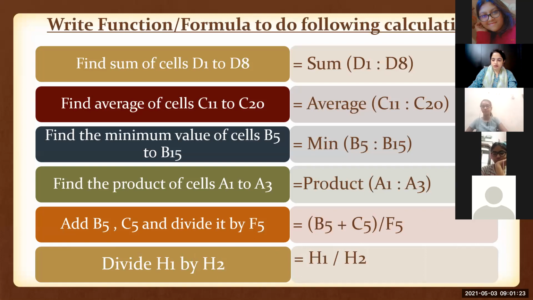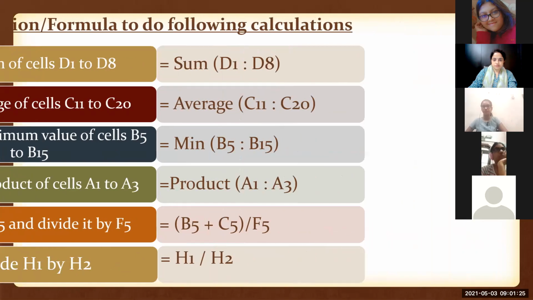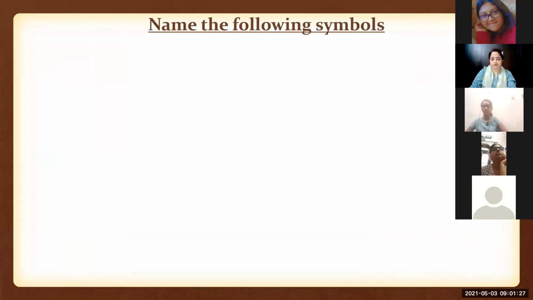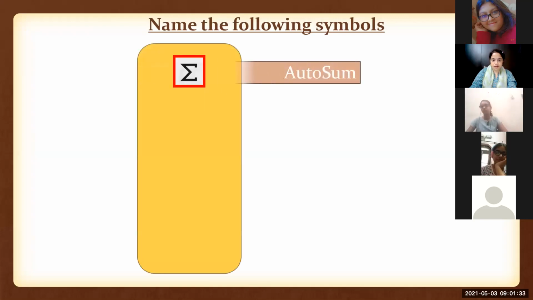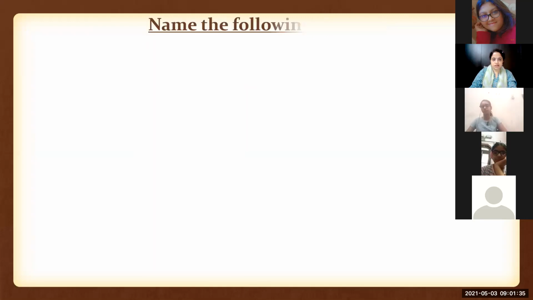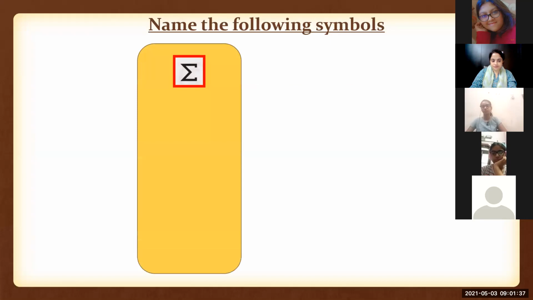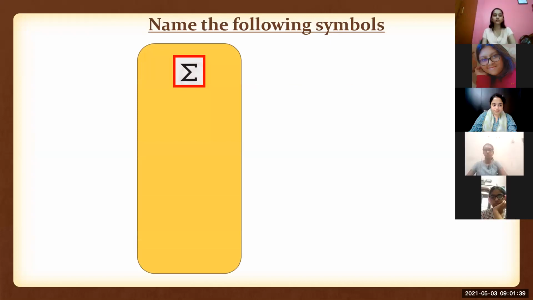Okay. Next is you have to name the following symbols or buttons. You have to give the name of these symbols. What is the name of the first symbol? Yes, Khushi? Arshia?